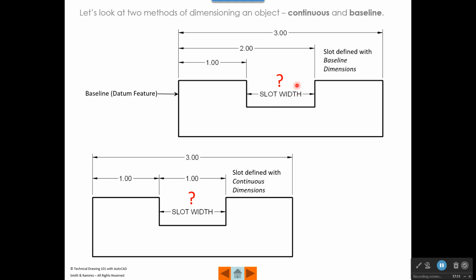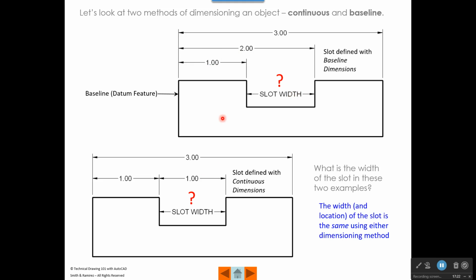Now, what is the width of the slot in either case? Well, the slot in either case is 1.00. The width of the slot is the same whether you dimension it using baseline dimensioning, what this is called is baseline dimensioning because all of our dimensions are coming off a baseline, which we also call a datum feature, versus continuous dimensions, which we have a dimension and then another dimension.